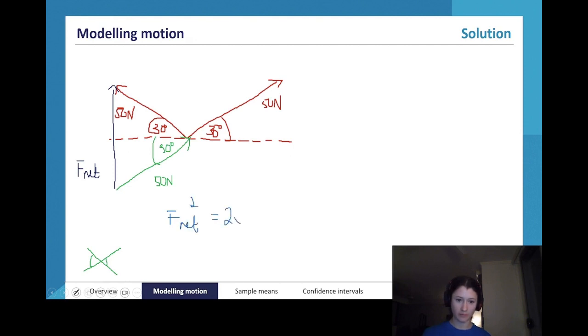So we're going to have 2 times 50 squared, take 2 times 50 squared cos 60, and this gives us that our net force is equal to 50.